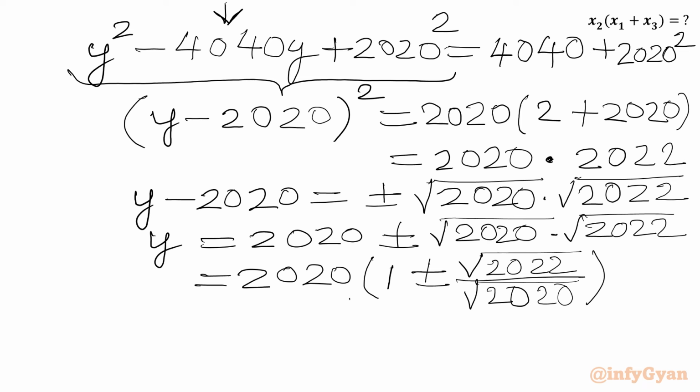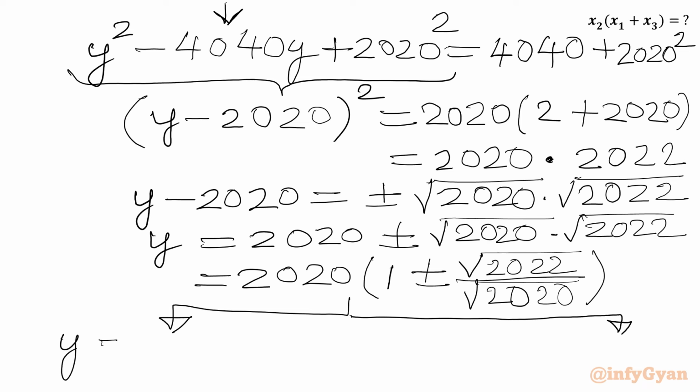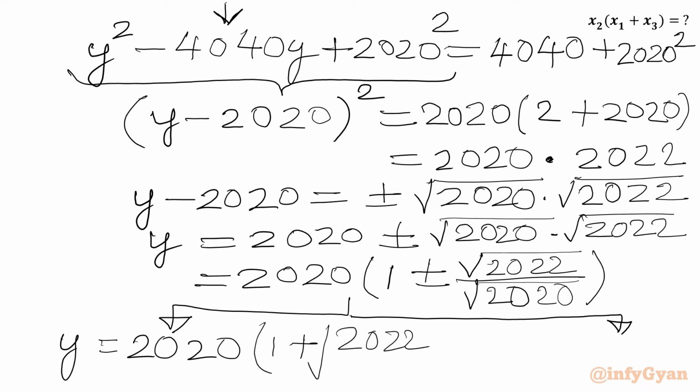Now I can write two y values from here. Our first solution was y equal to 1. So y equal to 2020 in the bracket 1 plus square root 2022 divided by 2020 with plus sign, and another solution will be with minus sign.